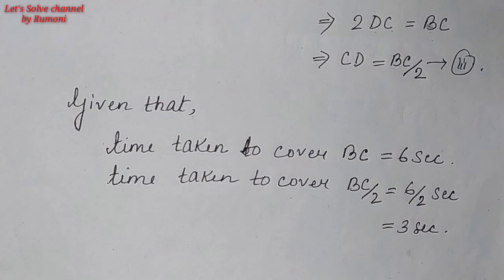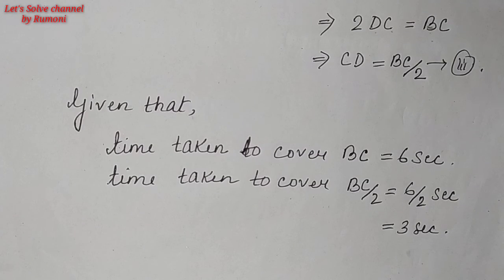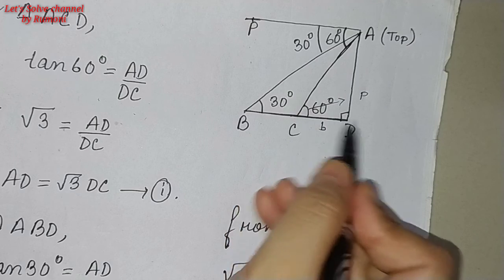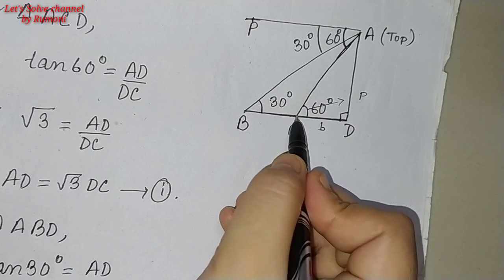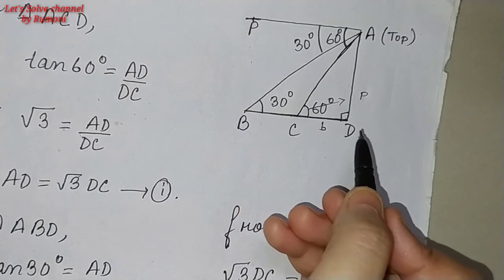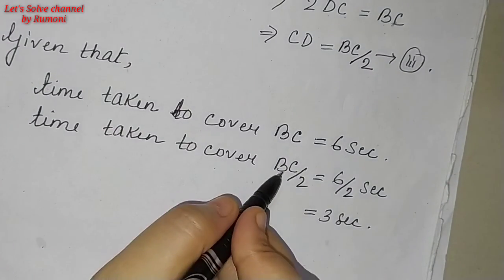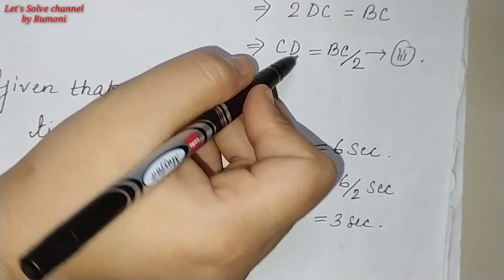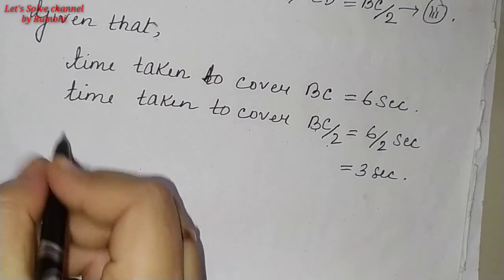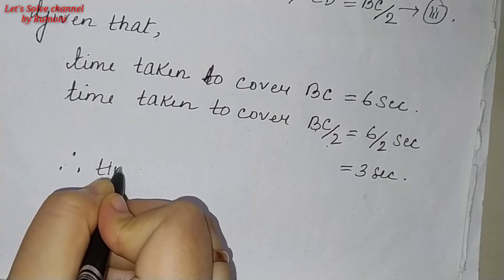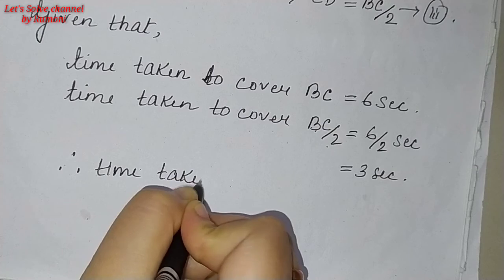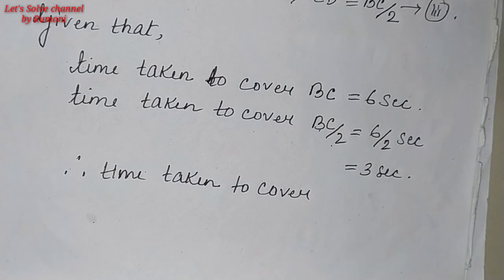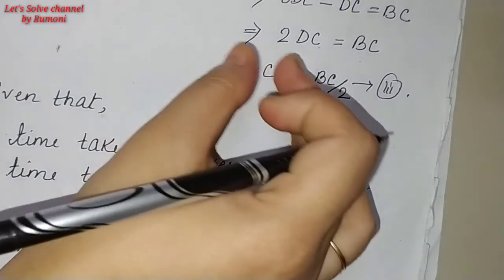Okay. So in the question we need to find what? We need to find the time taken to reach this one, C to D, isn't it? So students, this one BC by 2 is what? BC by 2 is actually CD. Okay. So you can write therefore time taken to cover, in place of this BC by 2, we are writing it as CD.